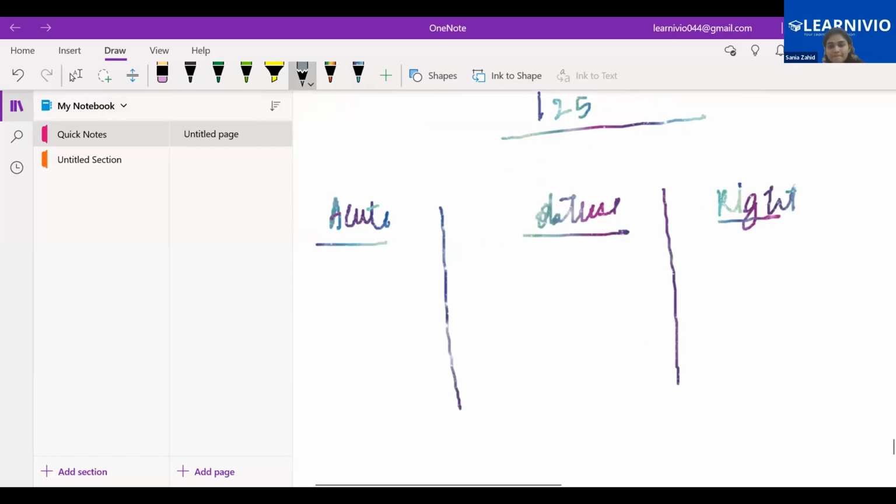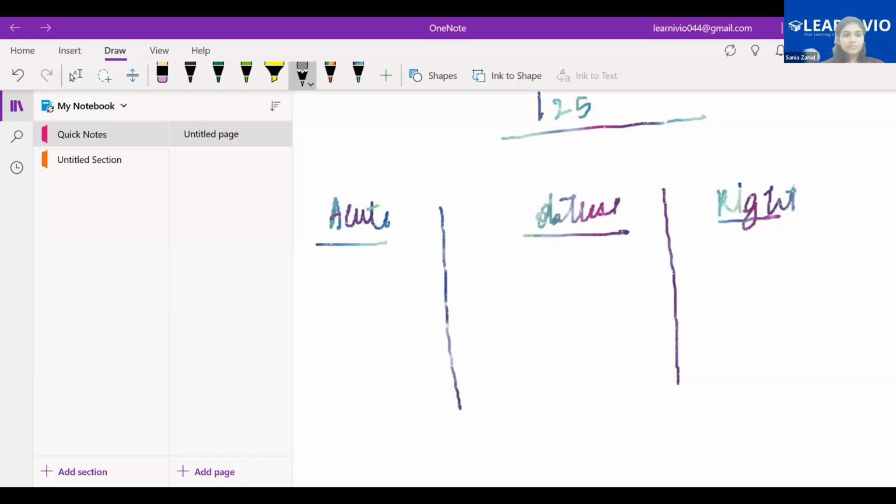No. Am I audible? Yes, ma'am. Does anybody know the meaning of these angles? Acute, obtuse, and right?